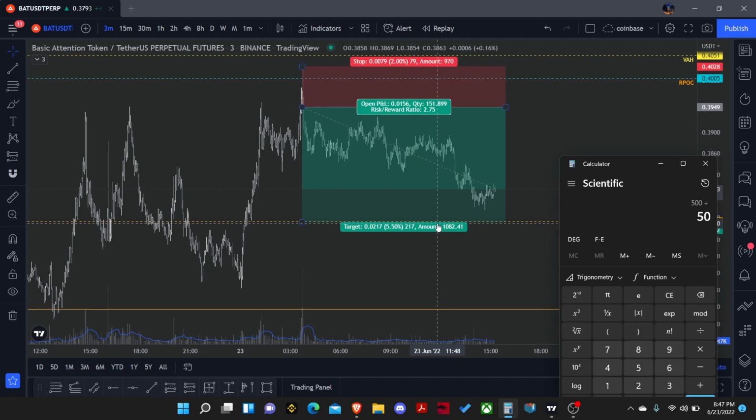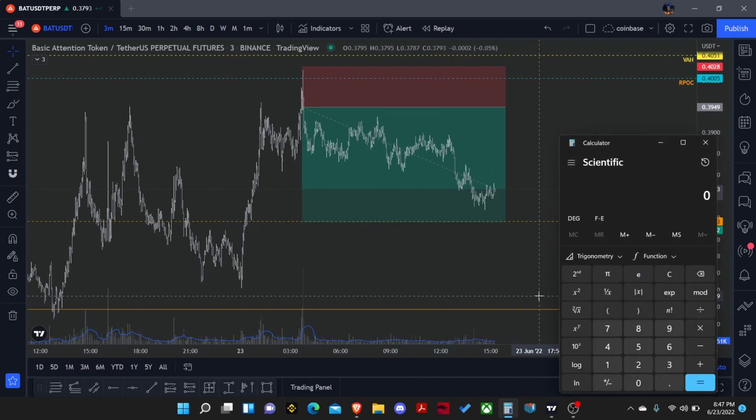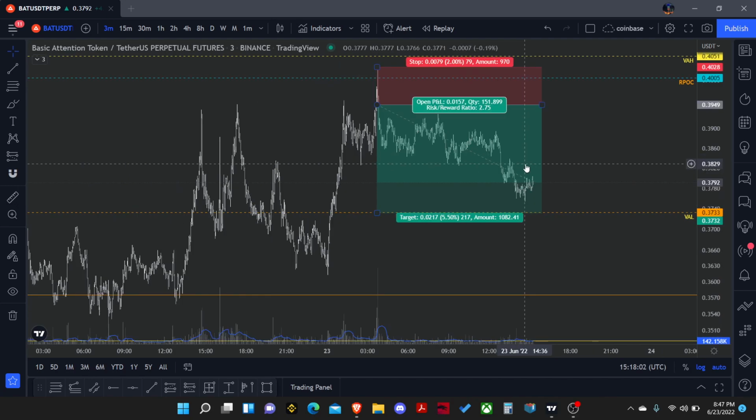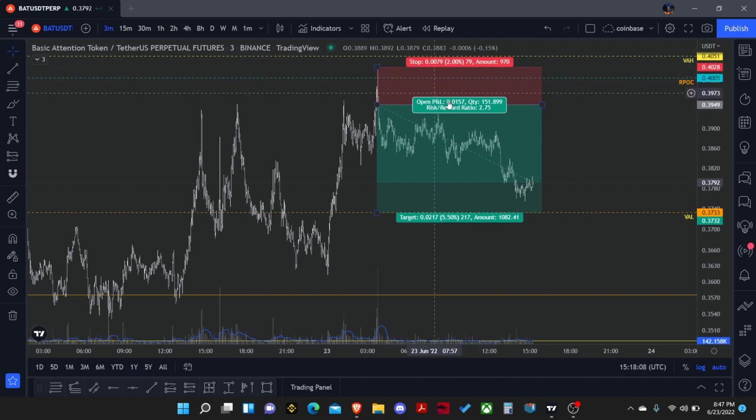If you are using 50x leverage, you get $10 as your margin too. And if you're using 25x leverage, you can get $20 as a margin. So it's the same concept, but this is the easiest method.